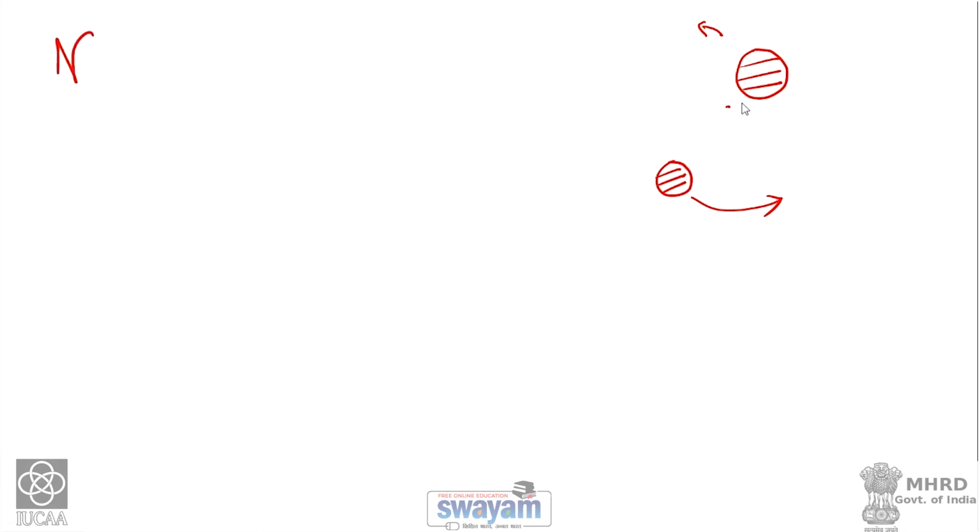So, imagine that you have two massive objects rotating about the common center of mass, and suppose you want to understand what is happening to the gravity from the Newtonian picture.